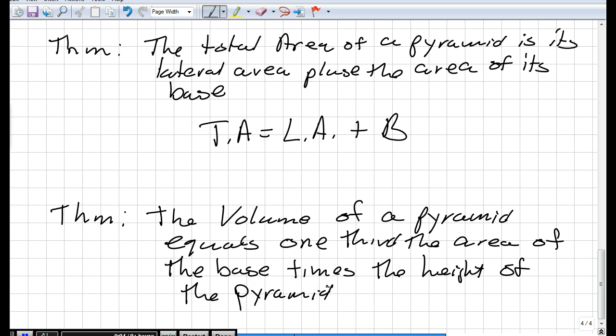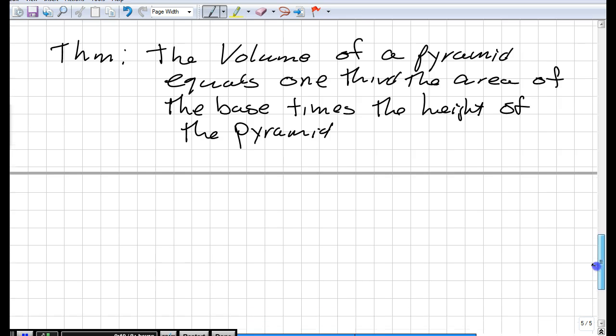And this is the height, meaning the altitude, not the slant height. So as a formula, volume is equal to 1/3 base area times the height.